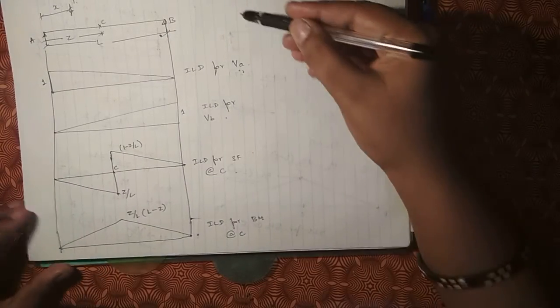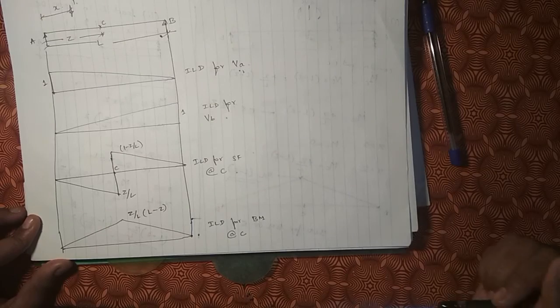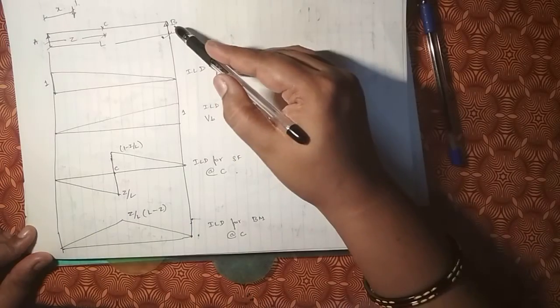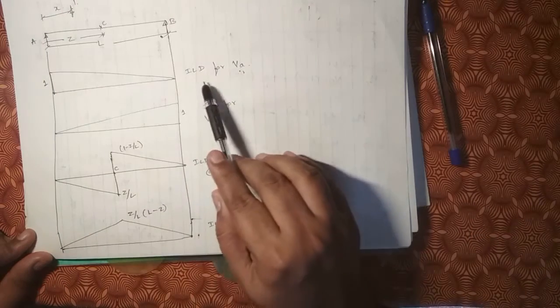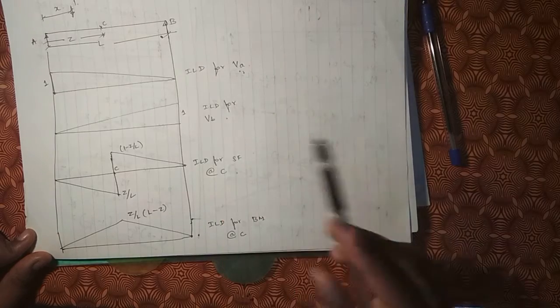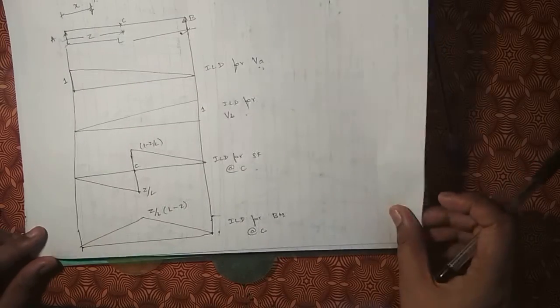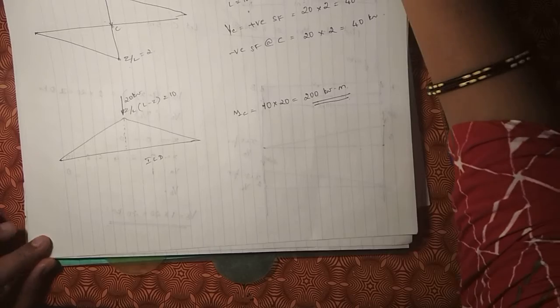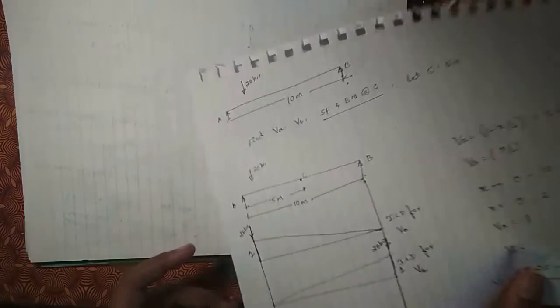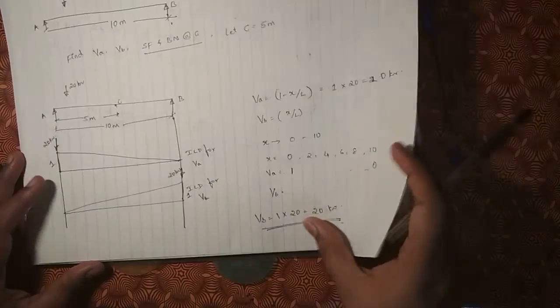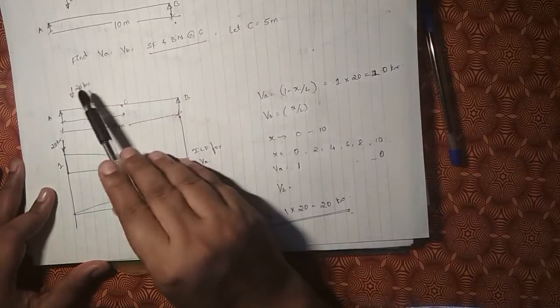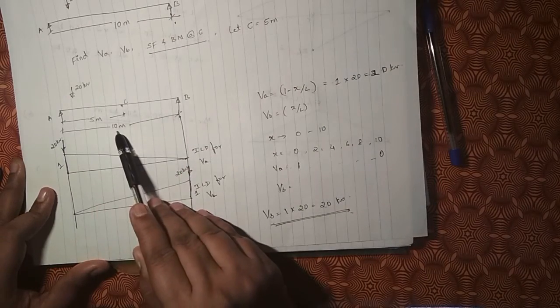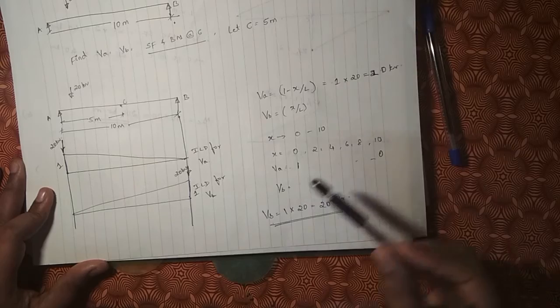With these numericals, we finally summarized all the details and plotted all the graphs in a single stretch: simply supported beam, ILD for support reactions VA, VB, shear force and bending moments. With this background, we started with some numericals where there is one point load of 20 kilonewton, the beam is of span 10 meter and the point C is at 5 meter.